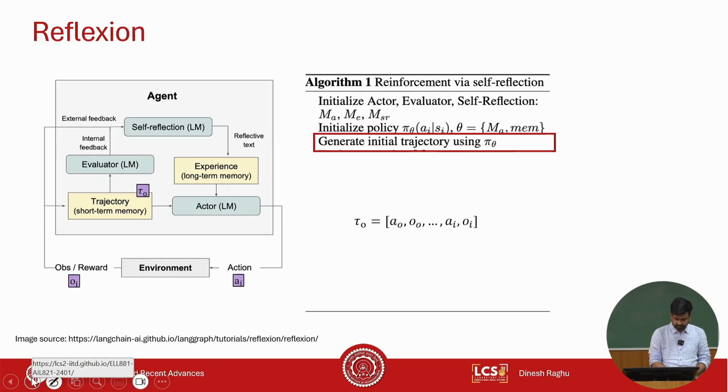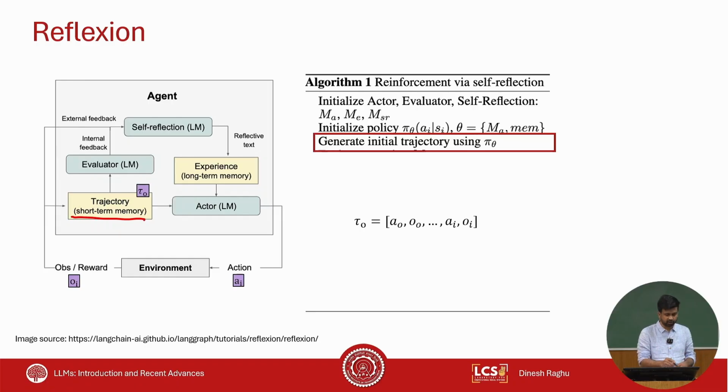Before you arrive at the final answer, whatever thought, action, observation loop you're going through is typically called a trajectory, and it is stored in the short-term memory. Once you figure out that you have finally arrived at the answer, the entire trajectory, which has i steps, is fed into the evaluator.